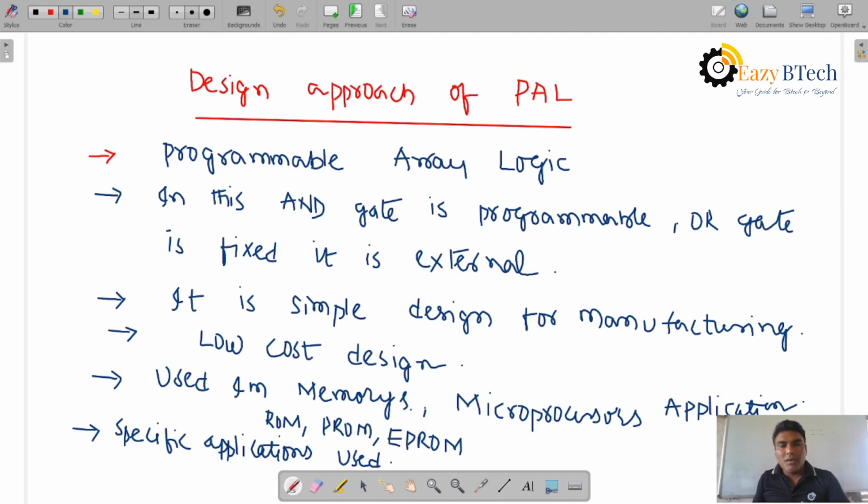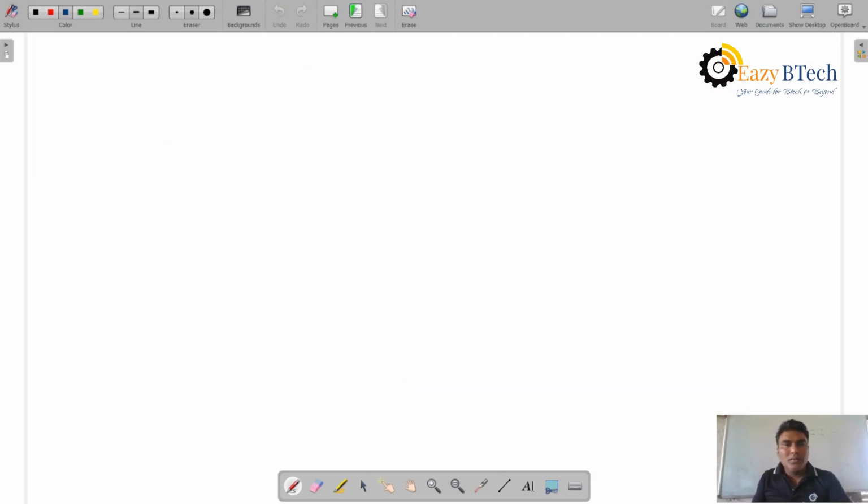Let us see the block diagram and the schematic representation, the PAL structure. In the PAL structure, the AND is programmable and the OR is fixed.